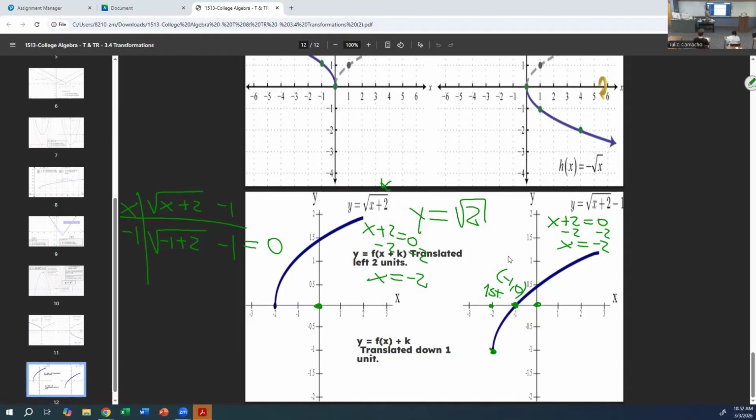The other point they picked was 0. So let's pick 0 here. You have 0 plus 2 minus 1. 0 plus 2 is 2, so you have the square root of 2. They put a decimal. What would be the decimal in this case?